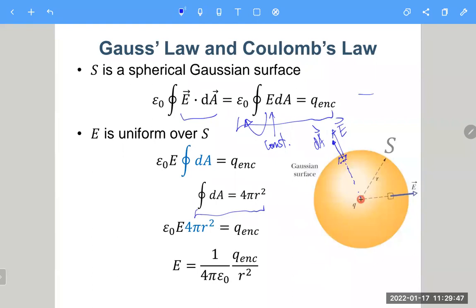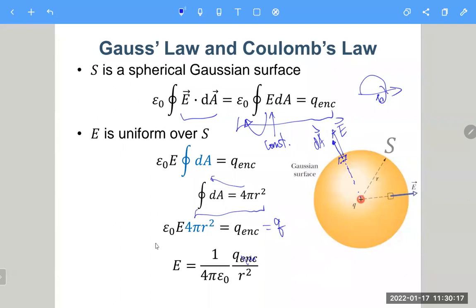Just like if you have an axis and then you have a semicircle and you rotate it around the axis, then the surface area can be calculated in some sense. Okay, so this is the surface area of this sphere. Then we can just plug in this one here. So we got epsilon naught E 4 pi r squared equals Q enclosed, or we may simply write it as Q.